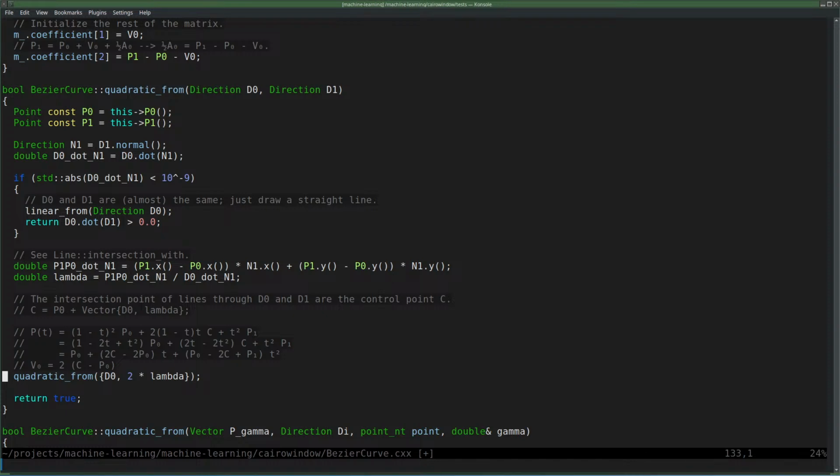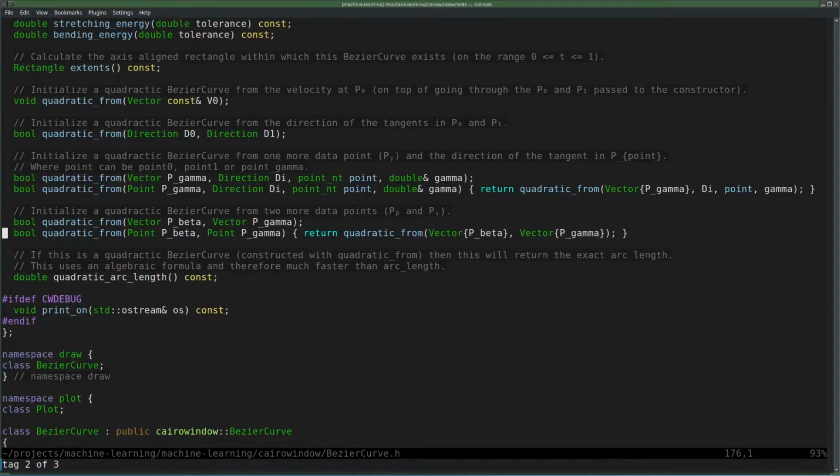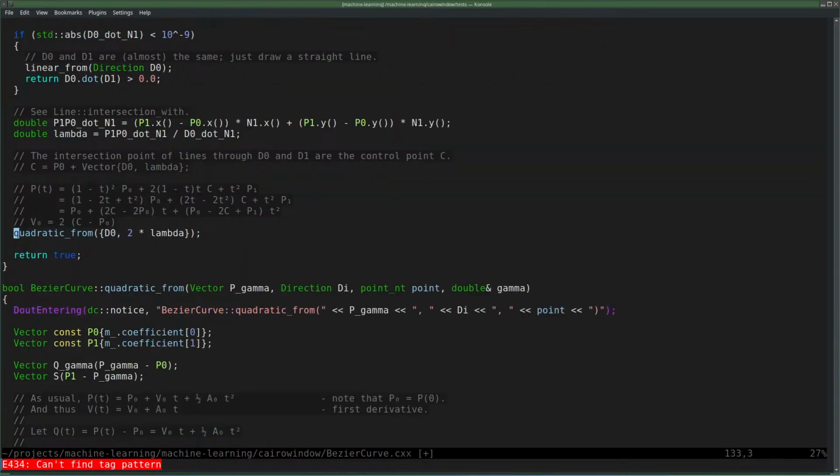Is that going to work? I think so. I just have one that takes one quadratic from a constant reference. Yeah, whatever.